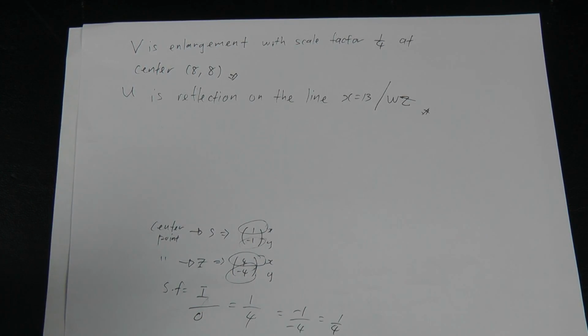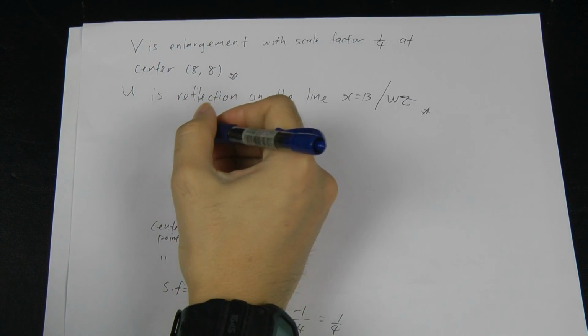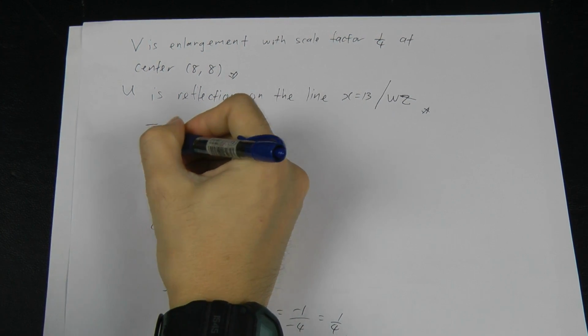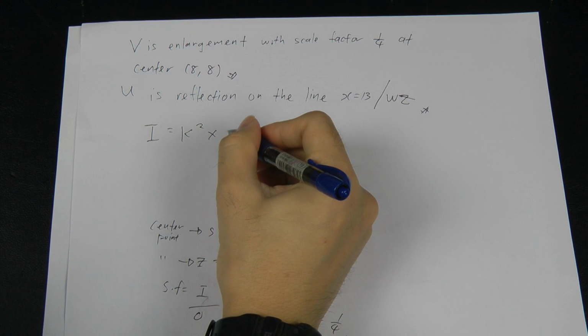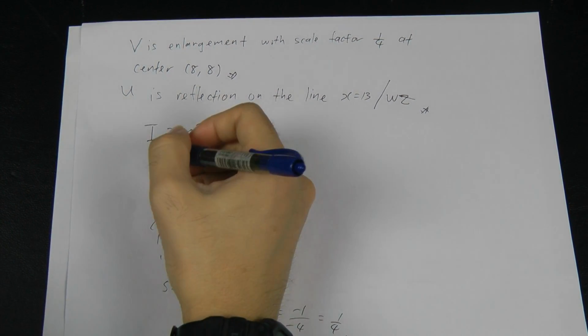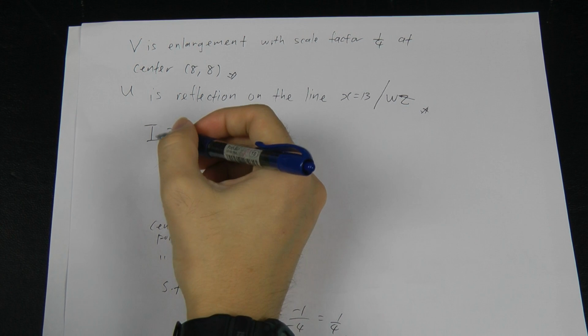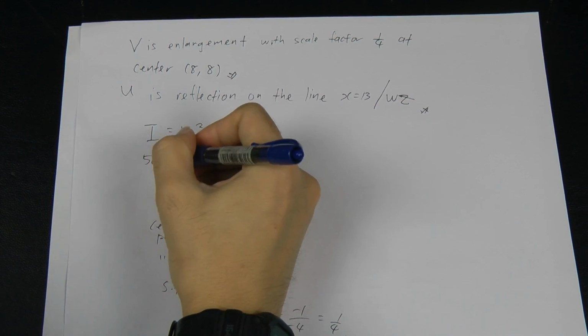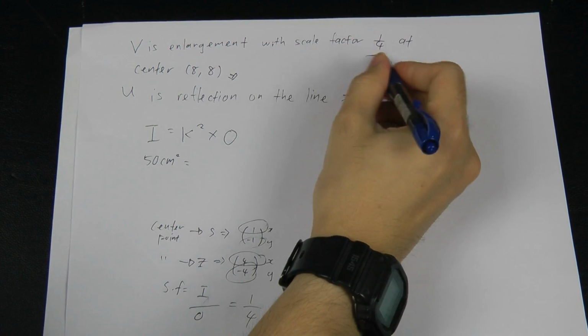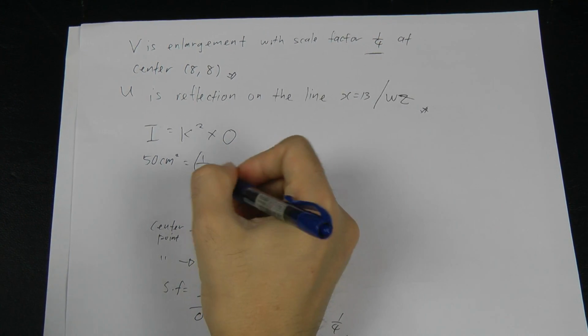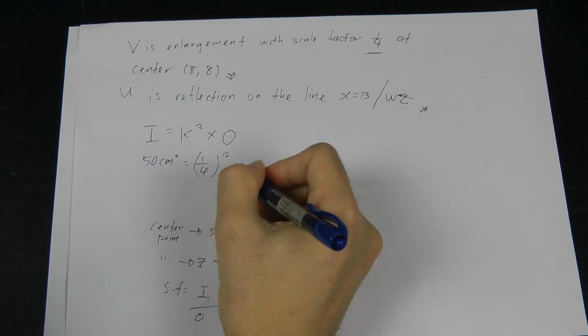To find the area of image, we know area of image equals skew factor squared multiplied by area of object. So we know the area of image is 50 centimeter square, and our skew factor is 1 over 4, so 1 over 4 squared. Then we can get our area of object.